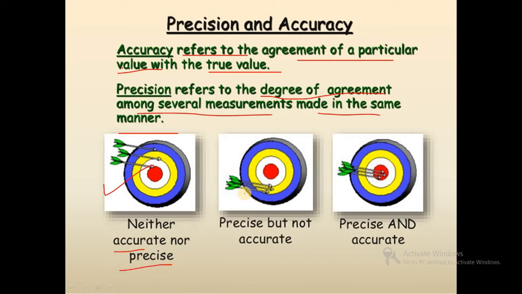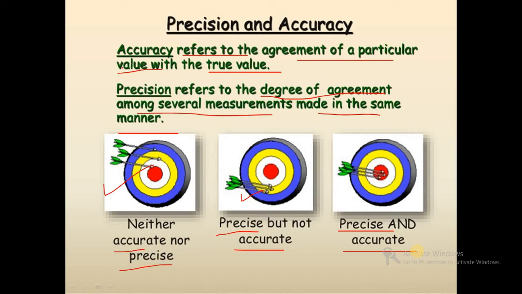The second diagram is precise but not accurate, and the third one is precise and accurate also. In the first, the points are not near the true value and they are far away from each other.